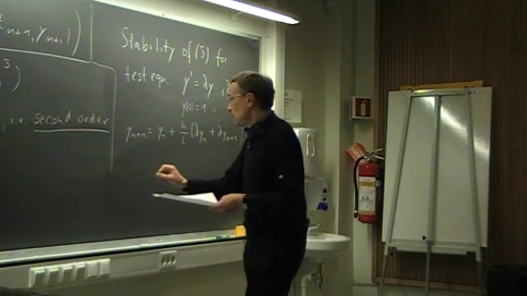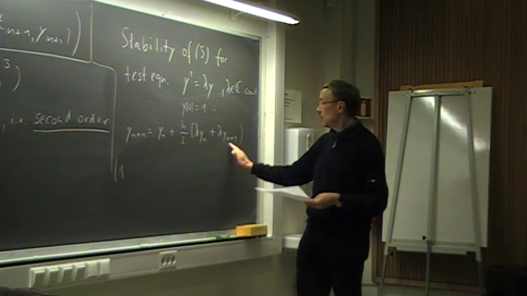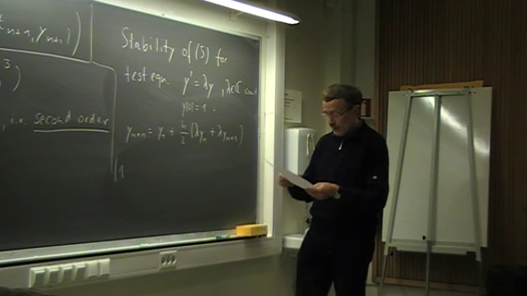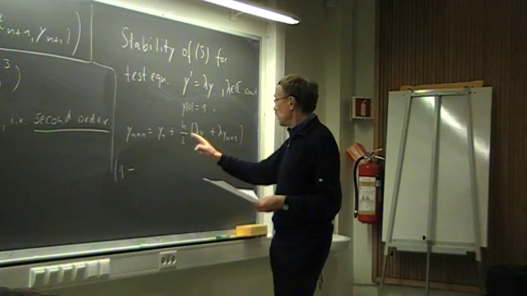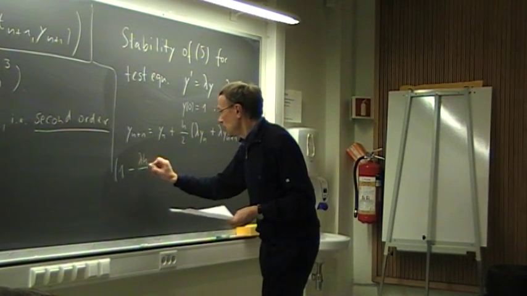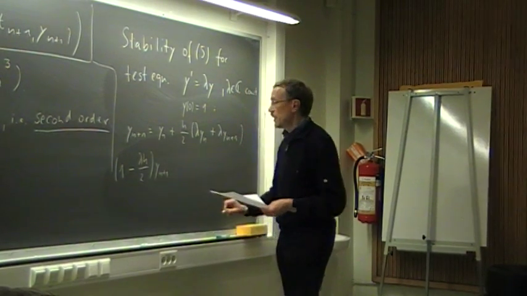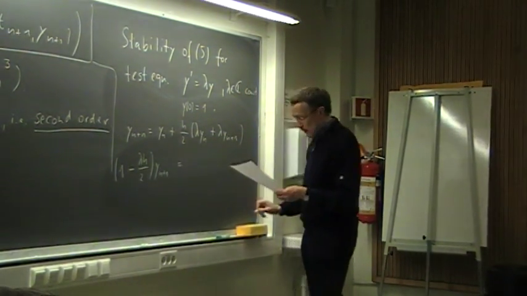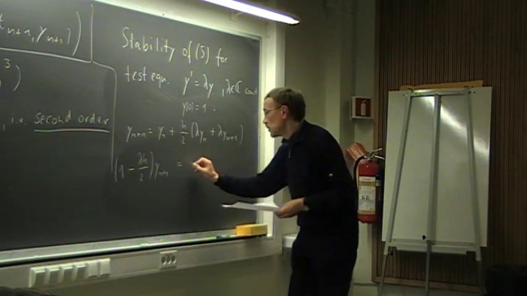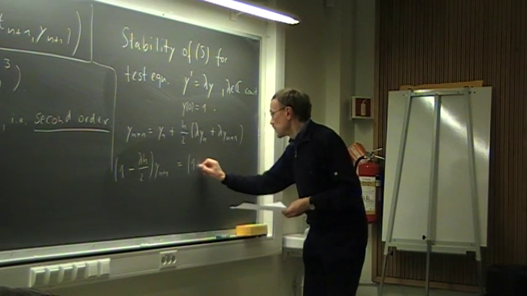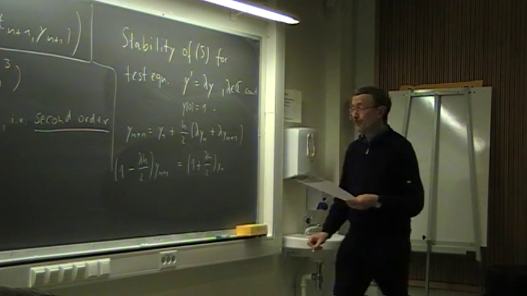So that means that we can get this one to the left-hand side, and then we get 1 minus lambda h half, see, we factorize the yn plus 1, and on the right-hand side we can see that we can factorize also the yn. So we get 1 plus lambda h half times the yn.